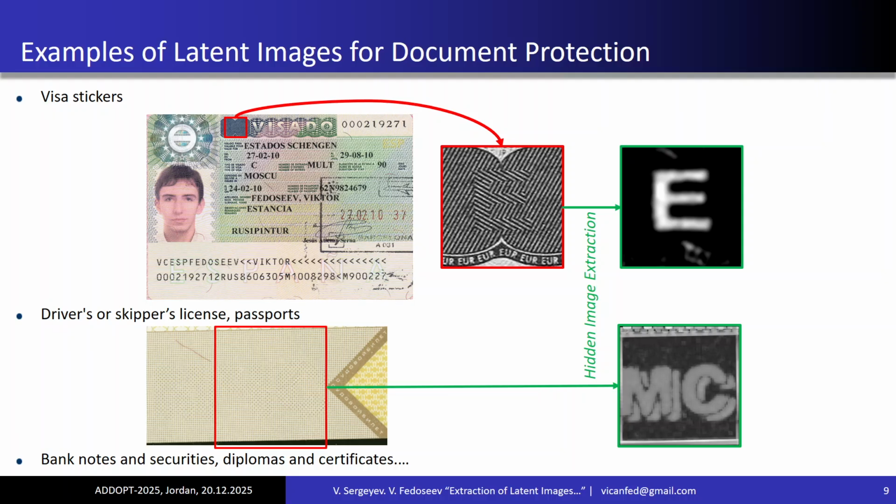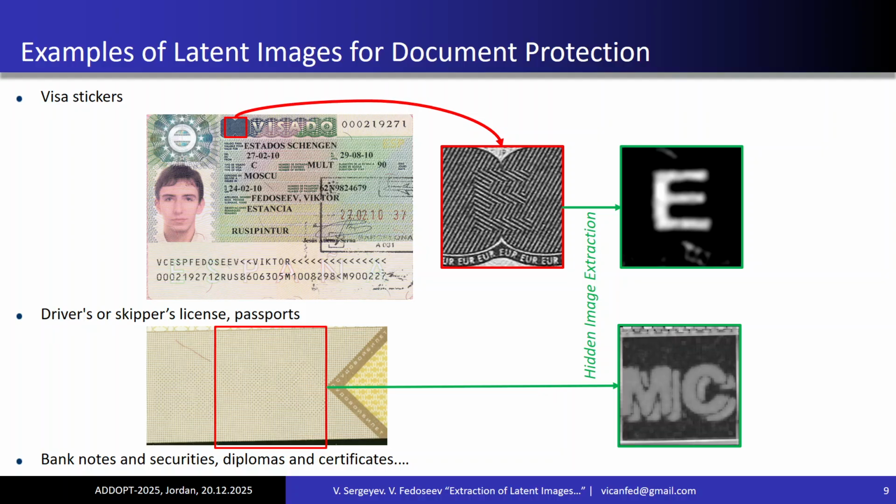And on this slide, one example is my Spanish visa. You can see that it has a small fragment, less than 1 centimeter in area, filled by two different line structures rotated from each other, and forming the letter E, which means España.